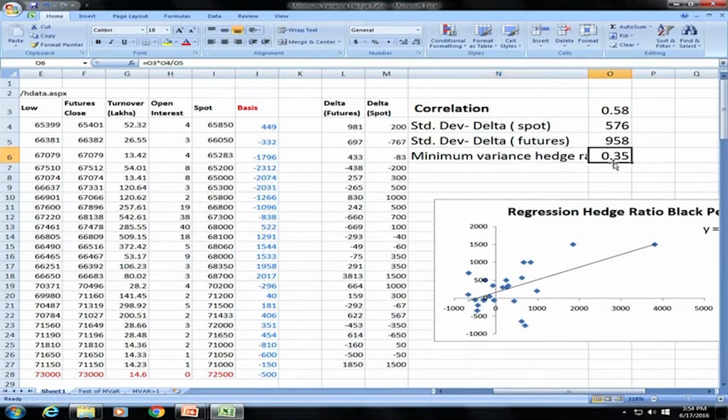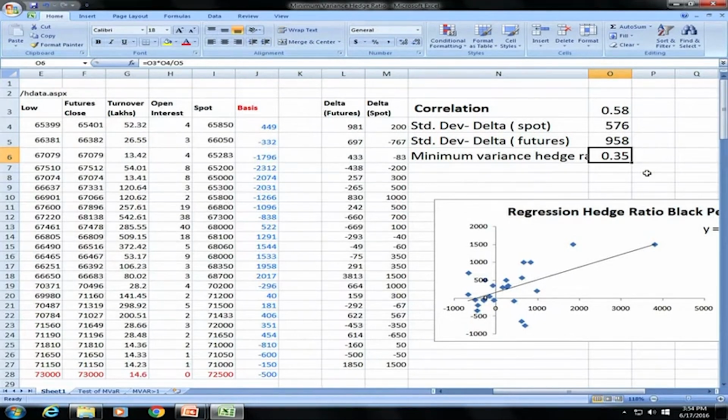Going by that calculation, your minimum variance hedge ratio is 0.35. That means for every 1 kg of underlying commodity a producer or consumer is holding or interested to buy, he should enter into a futures contract for 0.35 kg.